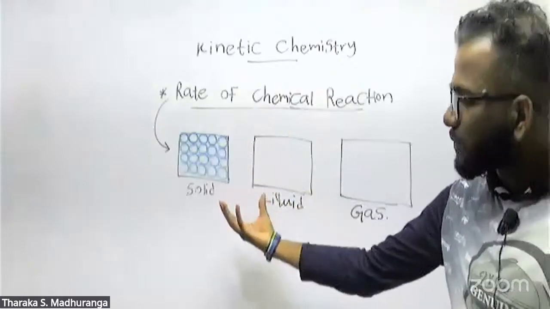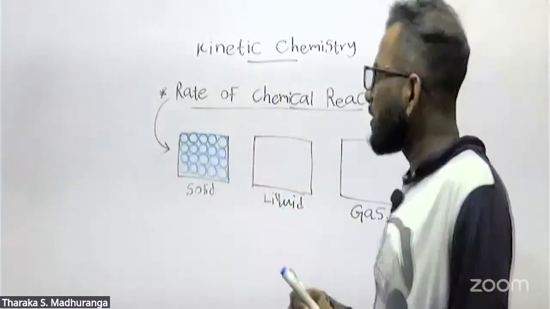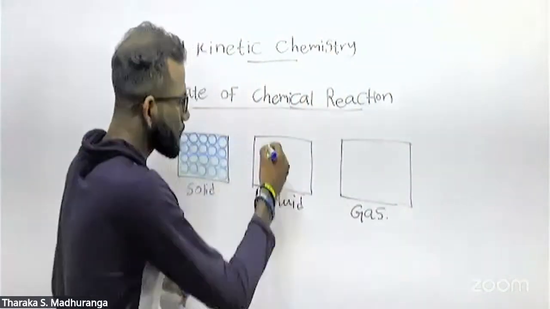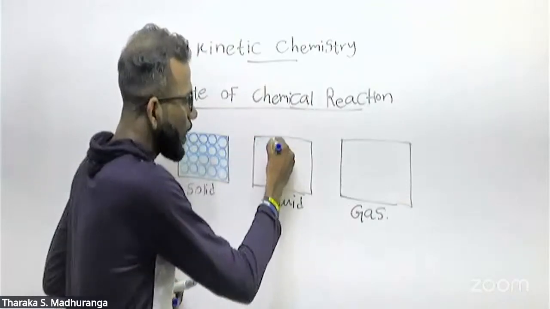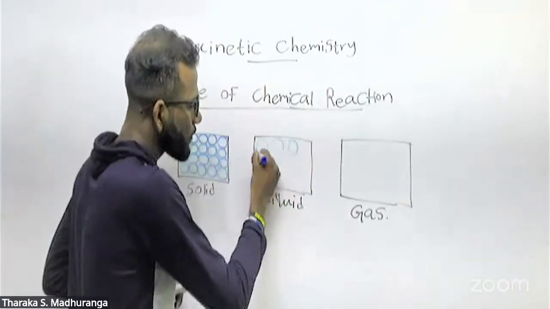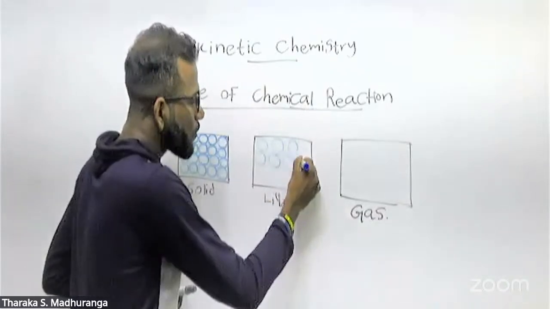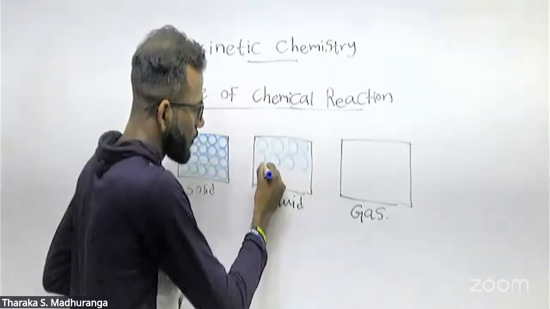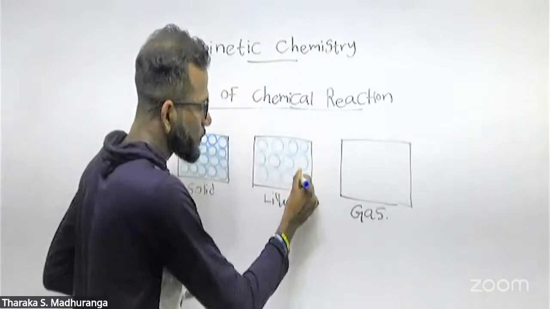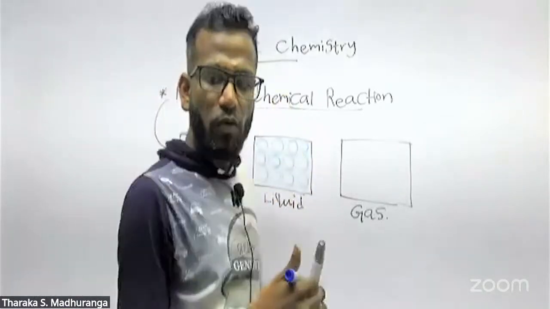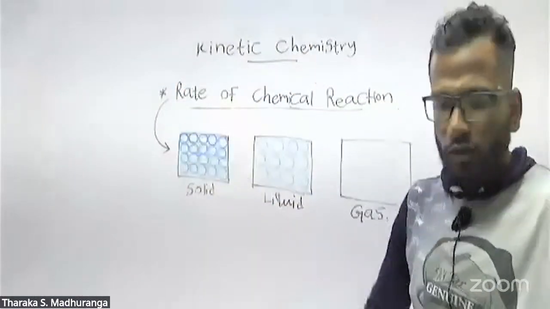Solids are made of molecules. Liquids are also made of molecules. Their intermolecular bonds are less strong than solids. It's strong, but not as strong as solids.